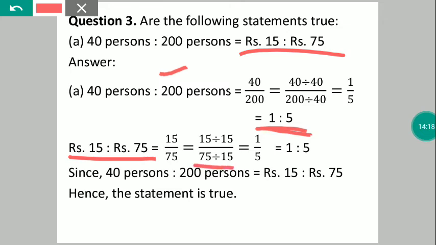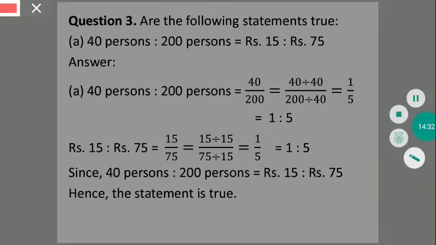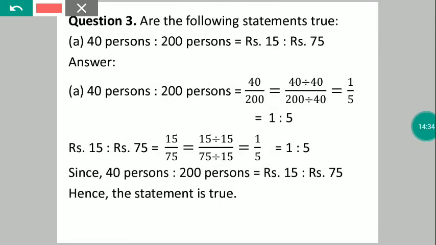Divide numerator and denominator by 15. 15 divided by 15 upon 75 divided by 15, which is equal to 1 by 5. So the ratio is 1:5. Now the ratio of the first two quantities is 1:5 and the ratio of the third and fourth quantity is 1:5. Both ratios are the same. So the given statement is true. That is the true statement.